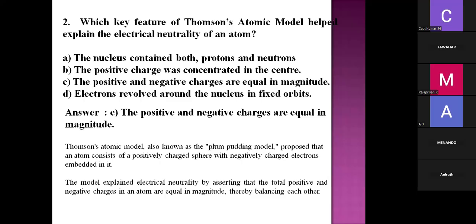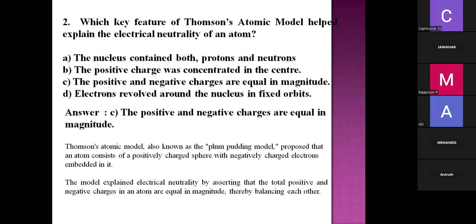Even though it was replaced by more advanced models, it was crucial in shaping the early understanding of atomic structure. The correct answer is option C, the positive and negative charges are equal in magnitude. Next question. Which of the following is the last element in Newlands' law of octaves classification?